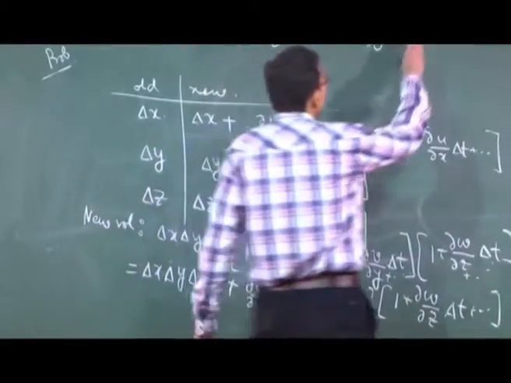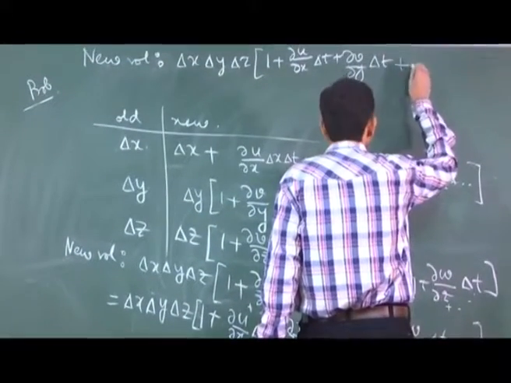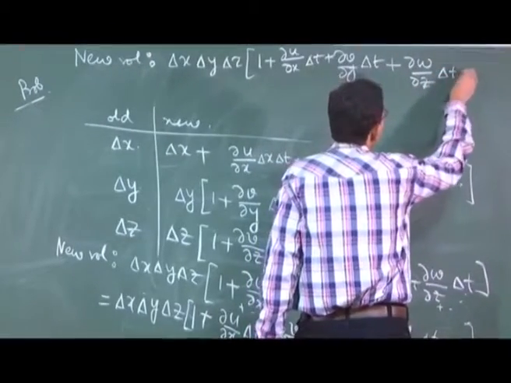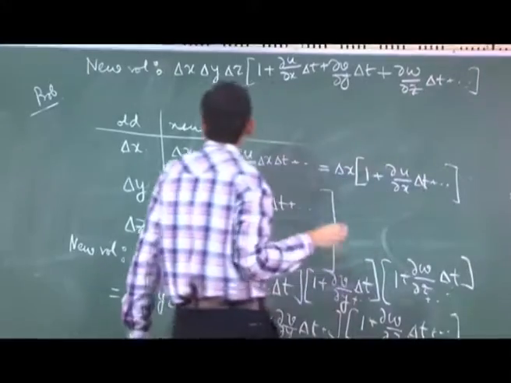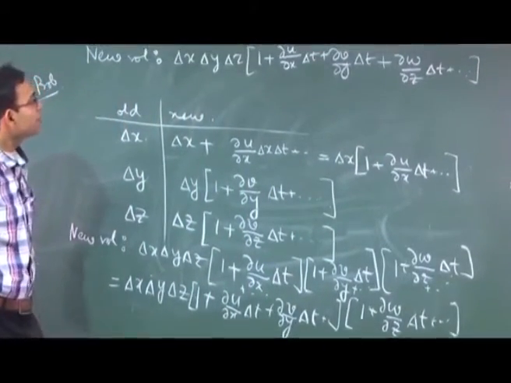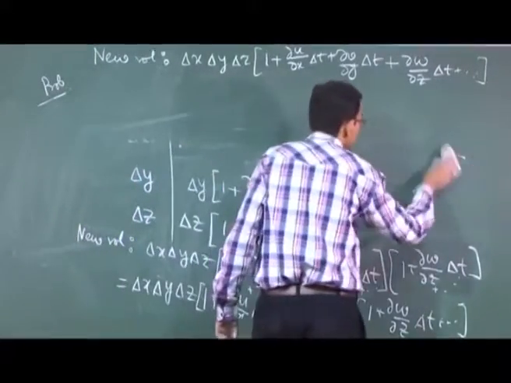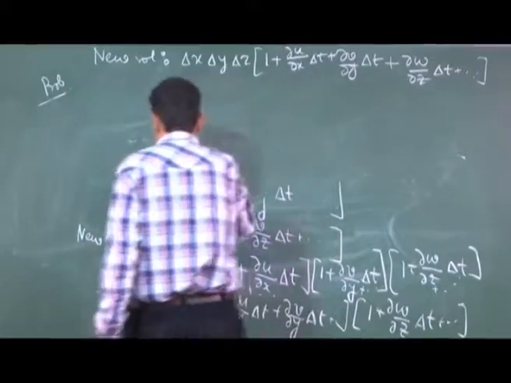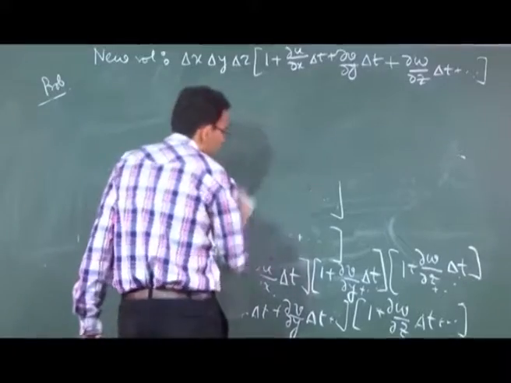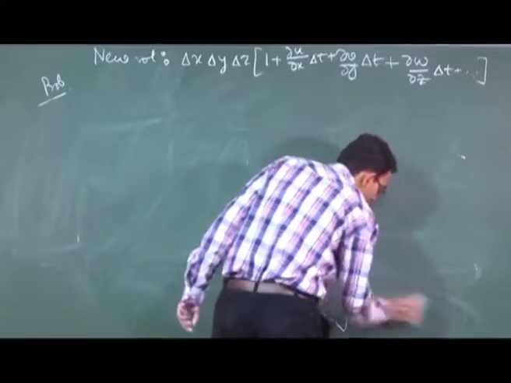So, only keep this term plus all will be higher order terms. So, now the change in volume per unit time, that is the volumetric strain rate.